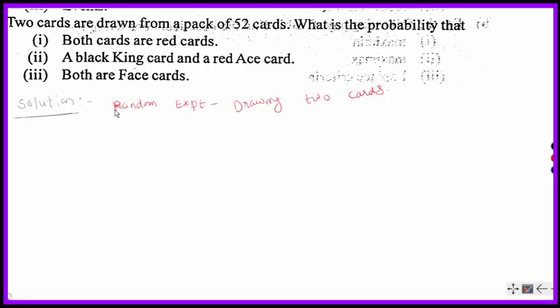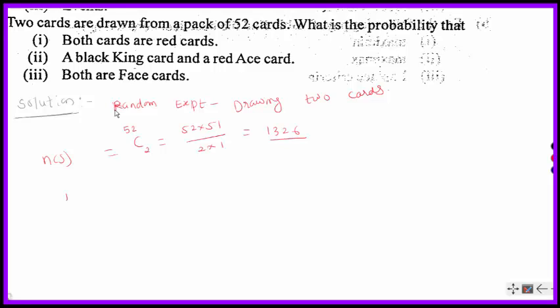This can happen in 52C2 different ways, because out of 52 we can draw 2 cards in 52C2 equal to 52 into 51 divided by 2 into 1 equal to 1326. So this is equal to N of S. N of S is equal to 1326.